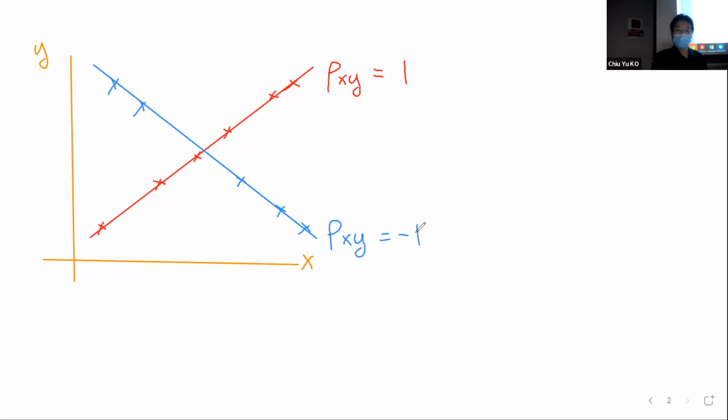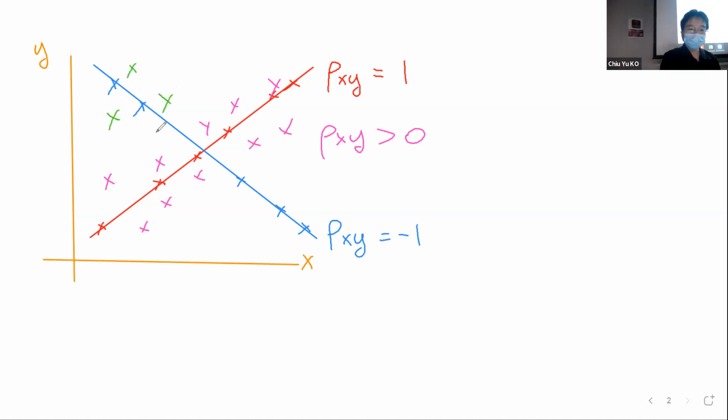And if you have something like this, then of course it is bigger than 0. And you have something like this. I don't know whether I make it come out right on the graph.